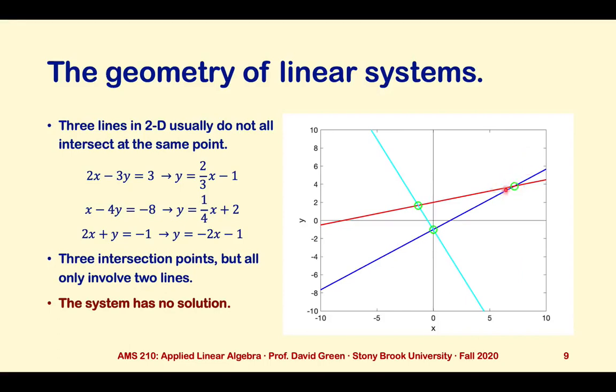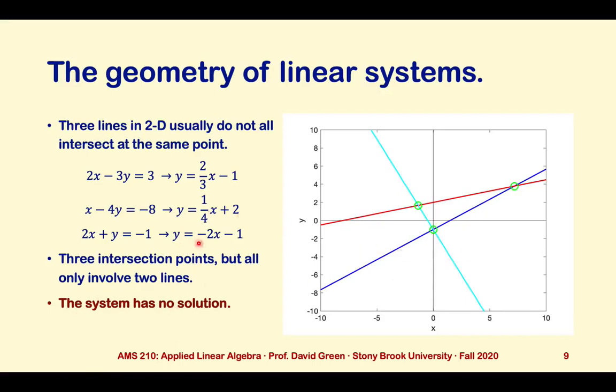Two of the lines intersect here, two here, and two here. There is no point where all three lines intersect at the same place. That means there is no point that can simultaneously satisfy all three equations. The system has no solution.